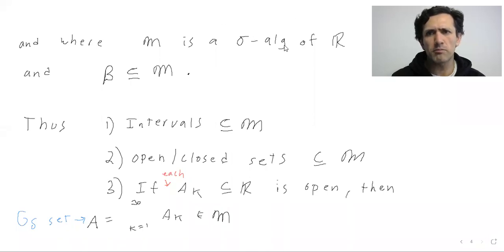We know from topology, or what Professor Bachanu talked about, that countable or arbitrary unions of open subsets of the real line are open. What I said is true, but it's pretty silly, because if A is a countable union of open sets, then A is open. And we know from 2 that open sets are in script M. As I mentioned, we're going to call these measurable sets, or Lebesgue measurable sets.